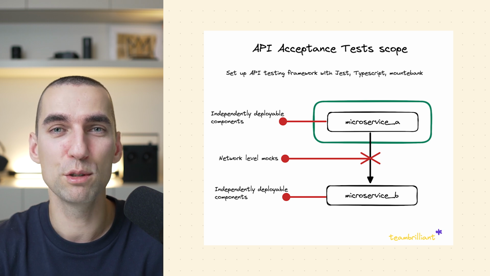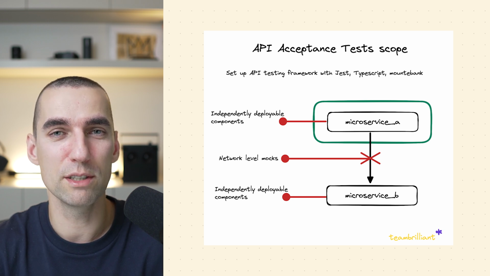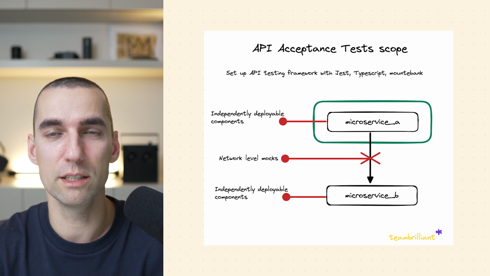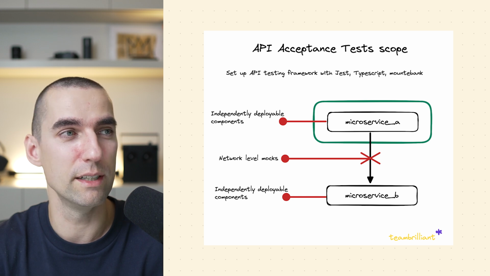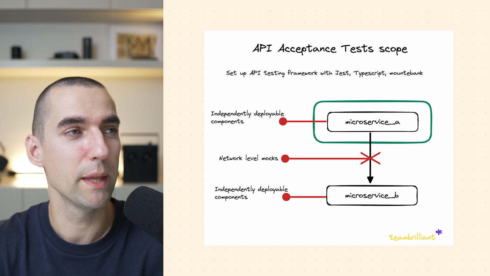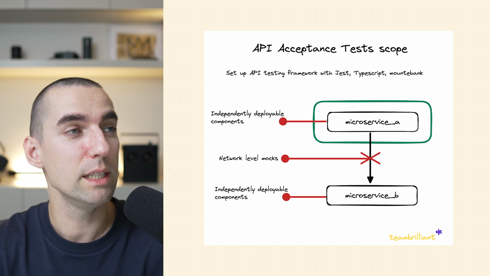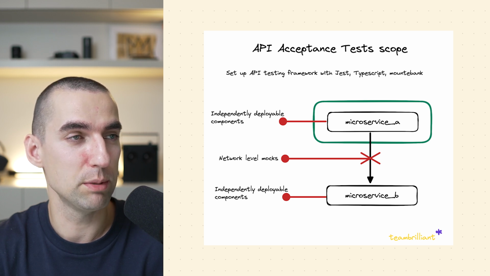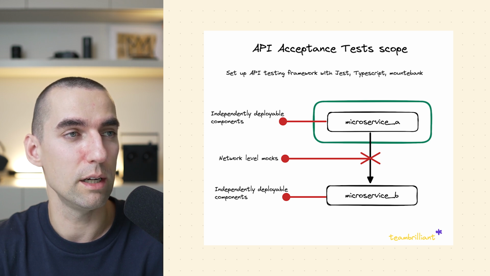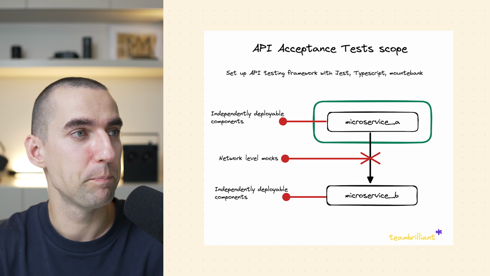I'll be honest, I was super skeptical of this because I've never seen it done well before. But after discovering the work of Dave Farley, that just inspired me big time. Let me just talk about it, right? The idea is that we'll set up an API testing framework with Jest and TypeScript and Mountebank. Mountebank is a mocking tool, again, for network stubs.